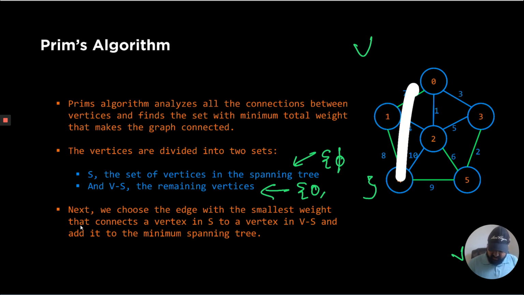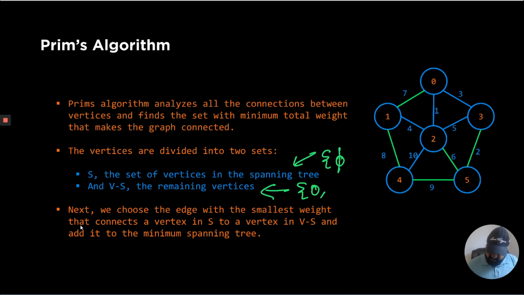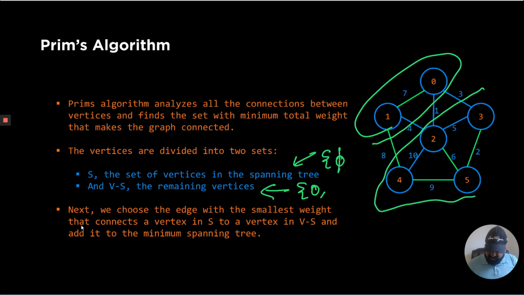So let's look at it in a cleaner way. Let's say 1 and 0 are in the set, then 2, 3, 4, 5 are in V minus S. We have four choices that we can make, which is this, and this.